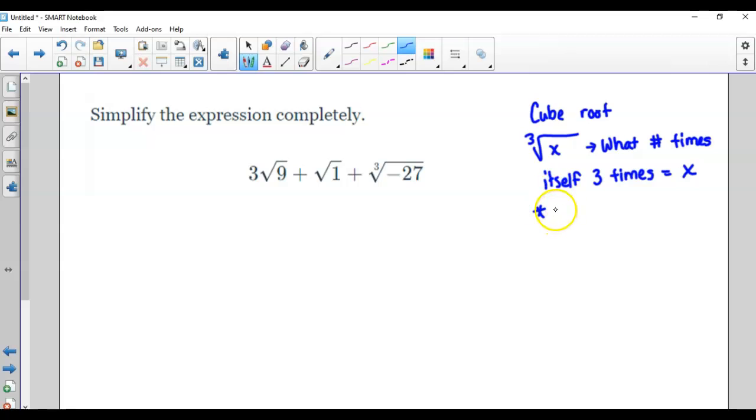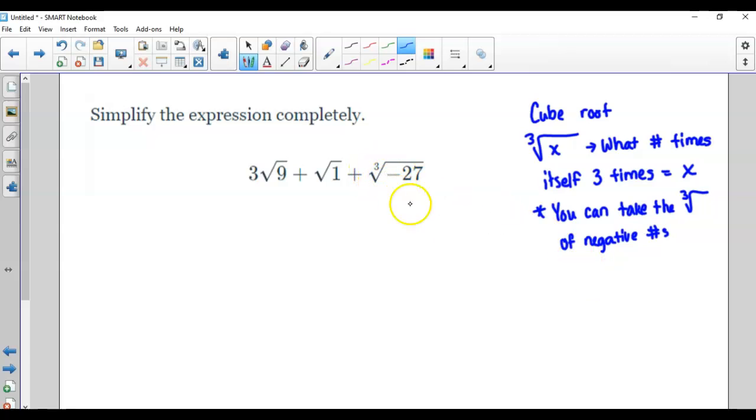Something you need to know, you can take the cube root of negative numbers. So whenever you are taking the square root of a negative number, you're going to get an I in the problem. But when you take the cube root of a negative number, that is not the case.